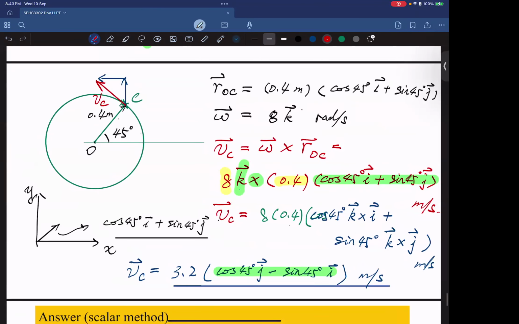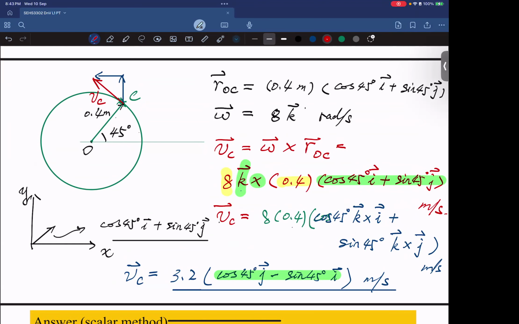So we can calculate the direction and the magnitude. This is the key point of this subject. So we can use a vector to calculate the direction. Okay.